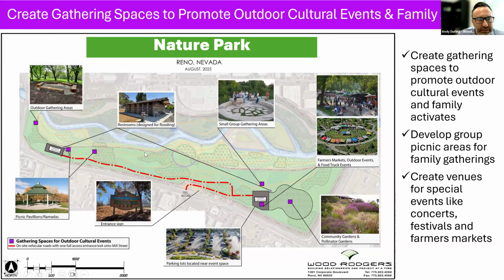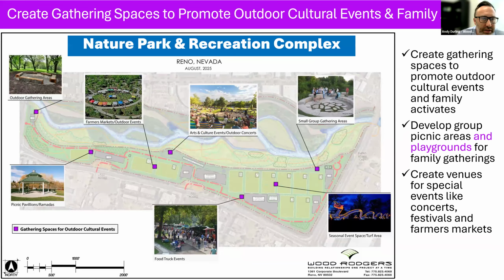Next slide, Shane. Whereas in the nature park and recreation complex, with the flat fields, there's greater opportunity, just because of the nature of those flat turf areas, to have larger farmers markets or outdoor events. For example, given the size of this, you could have something akin to the Dragon Lights type festivals that are at Rancho San Rafael every year.